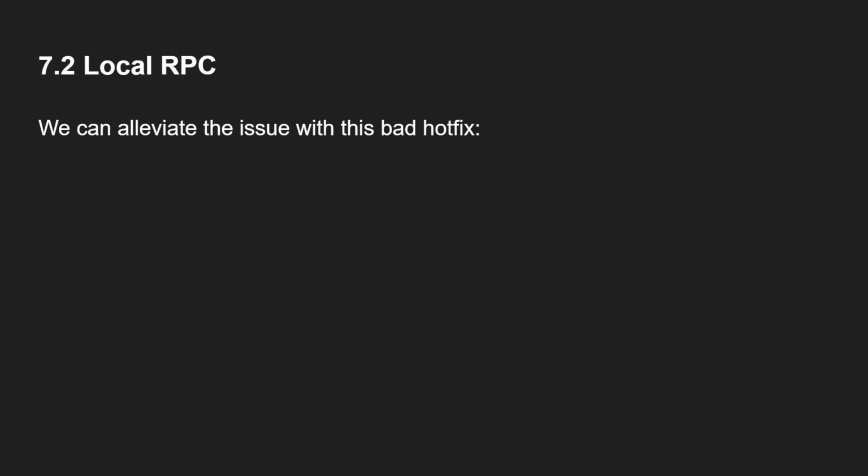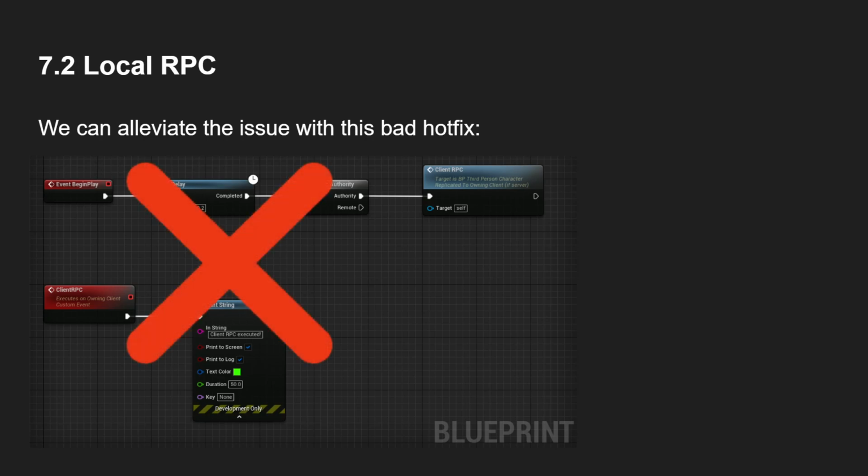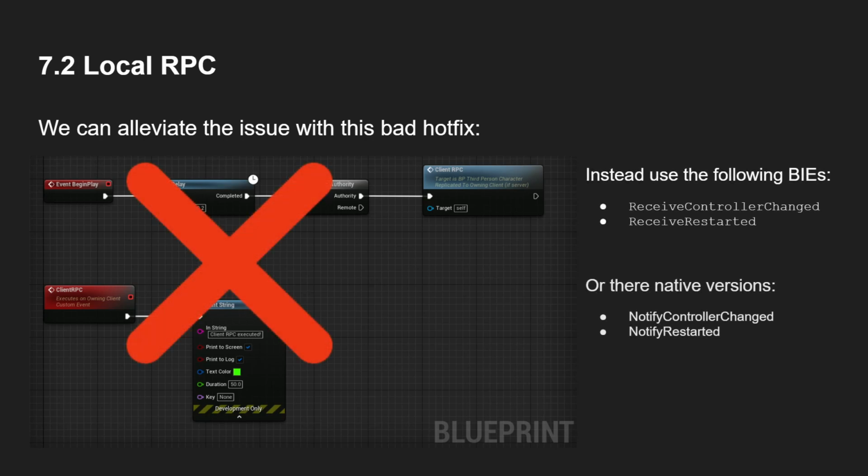Okay, so we can alleviate this issue again with our fancy delay node from before, but of course don't do it. We've already come to mention why that is the case. And what you should be doing instead in these scenarios is to use BIEs, which is a shortcut for blueprint implementable events, that already exist in Unreal Engine.